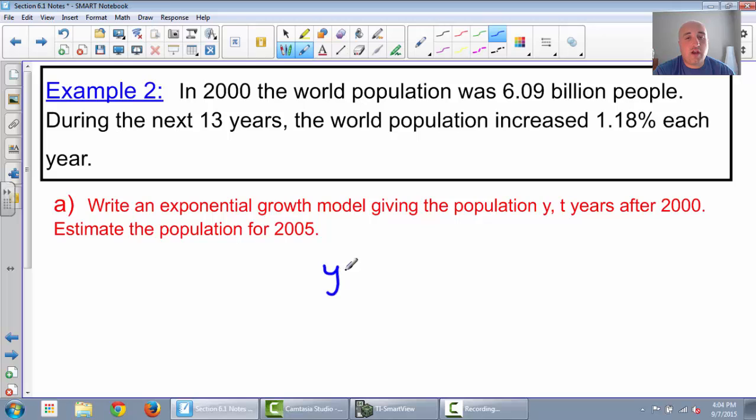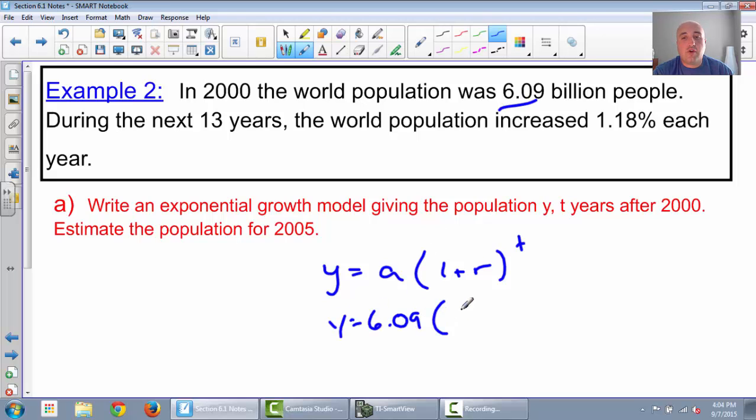So population is y. What is our original? Remember, it's a times 1 plus r raised to the t. All right, so let's see what we have here. What is our original amount? Original amount is 6.09. So y equals 6.09 times 1 plus r. What is our percent? This is our interest rate, or our percent increase.